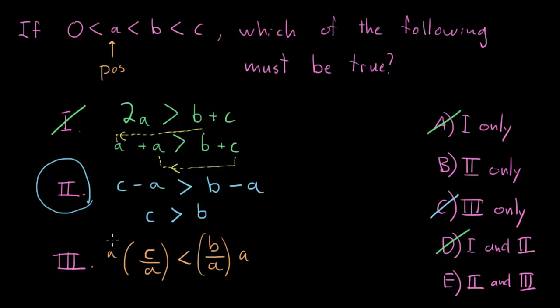So if you multiply both sides by an unknown, by a variable, you have to be really careful. Because if that variable could be a positive and could be a negative, then you don't know if you're supposed to be flipping the direction of the sign or not. You don't know if that variable is filling in for a negative, in which case we would have to flip the direction of the inequality, or a positive, in which case we wouldn't. Here, thankfully, we're told that a is positive, so we can just multiply both sides by a and get rid of those denominators.